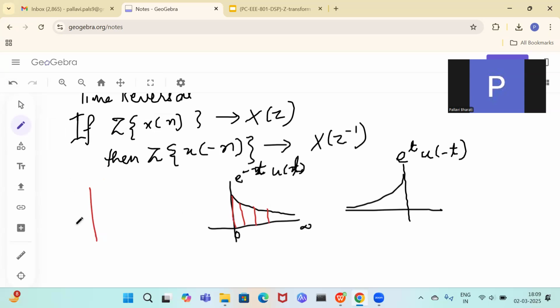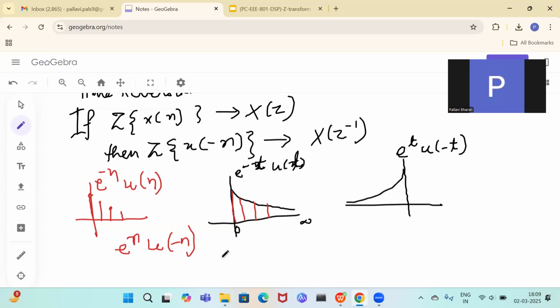So the signal is e to the power minus n u of n. And if I take e to the power n u of minus n, then the signal will be changing towards the left side.